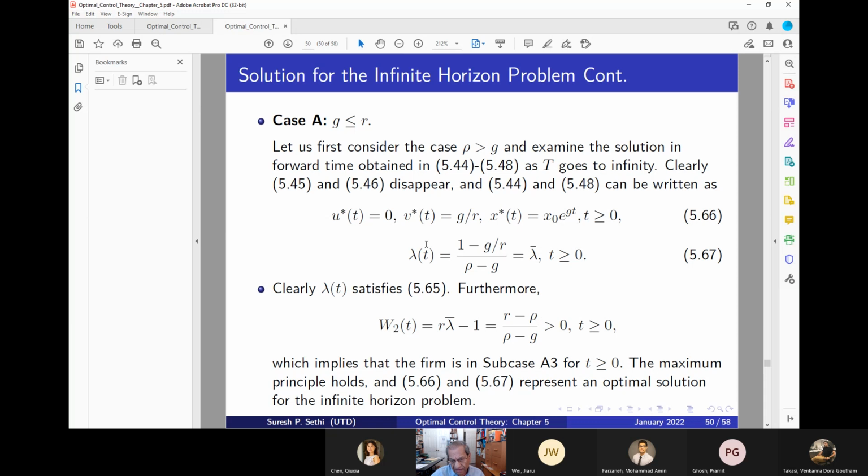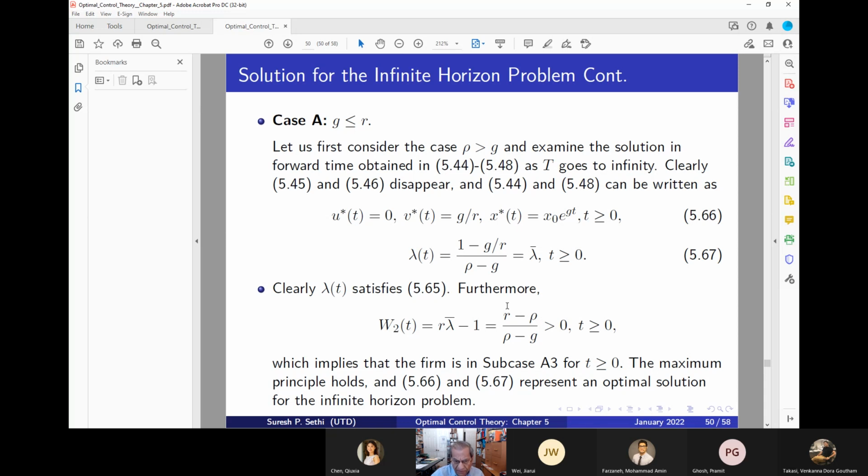So lambda t basically goes to lambda bar, and we have solved the problem. Clearly, lambda t satisfies this, and so the solution can be maintained, and basically we are done.